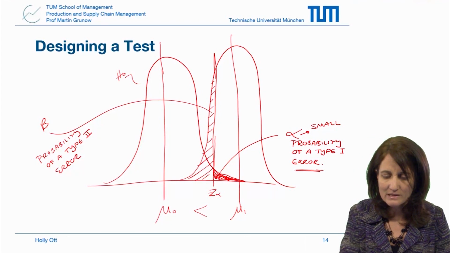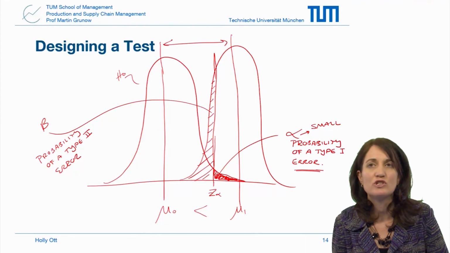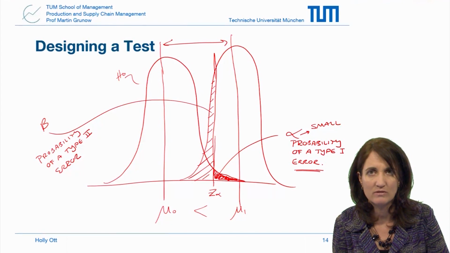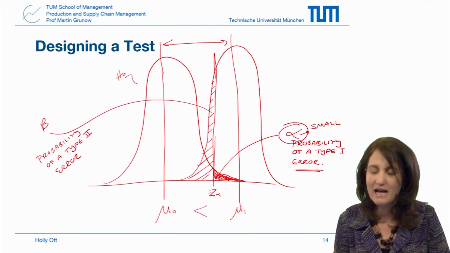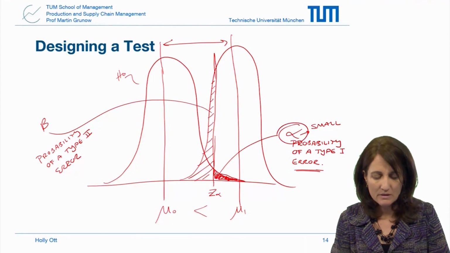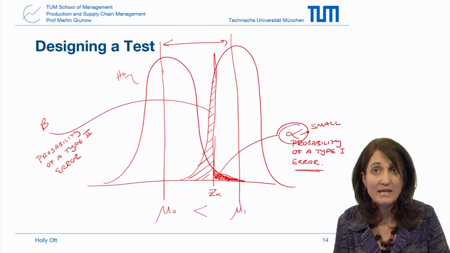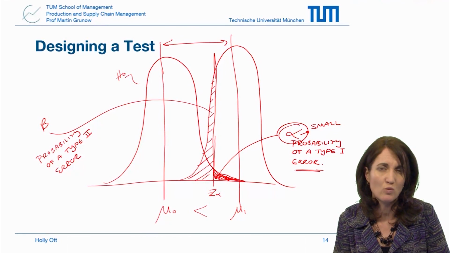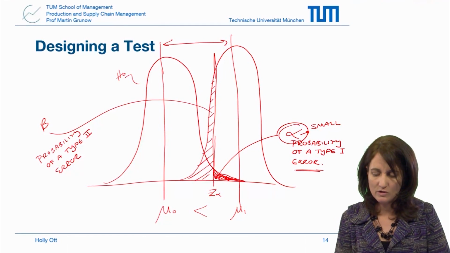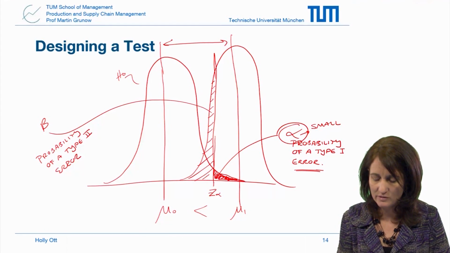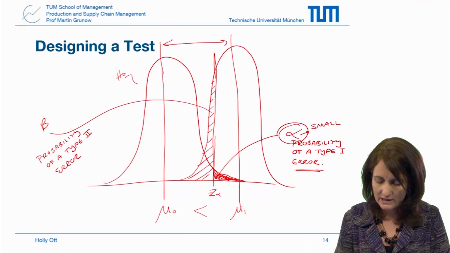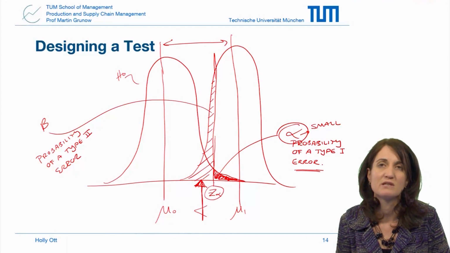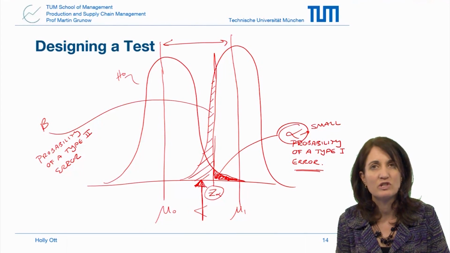It depends on where the new distribution is located with respect to H0. We fix alpha. And beta, of course, then is the probability of rejecting the alternative hypothesis, the H1, even though it's valid. So if we look at this again in terms of the test statistics, if we calculate a test statistic that is here, we will look at that with respect to our z-value, and we will say we will not reject H0.